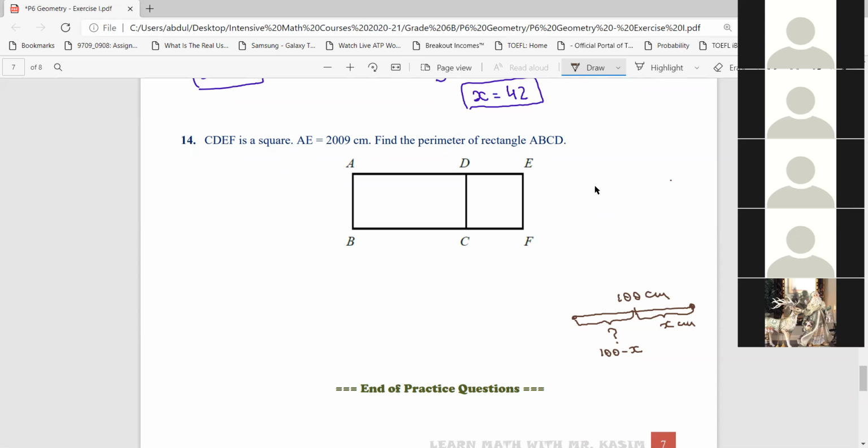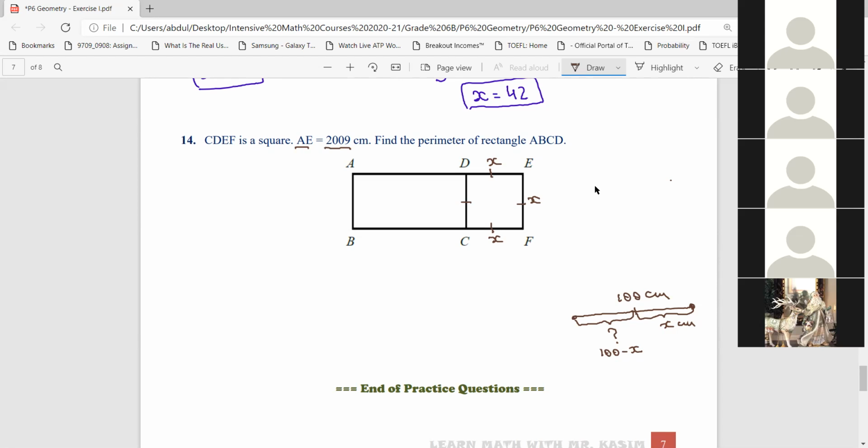CDEF is a square, which means that all sides are equal. This side equals this, equals this, equals this. Do we know the side length of the square? I don't know. Let's say one side of the square is X. That means that also that is X, and also that is X. In the question, it says that AE is equal to 2009.